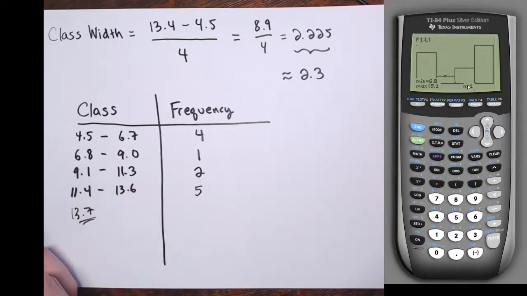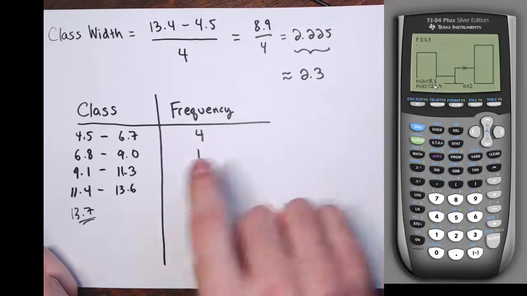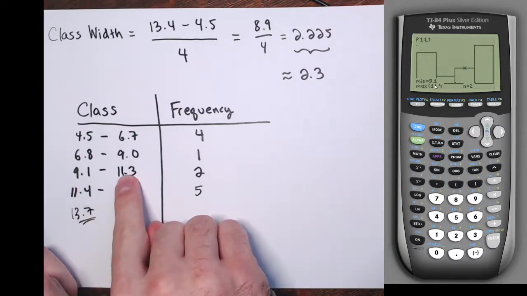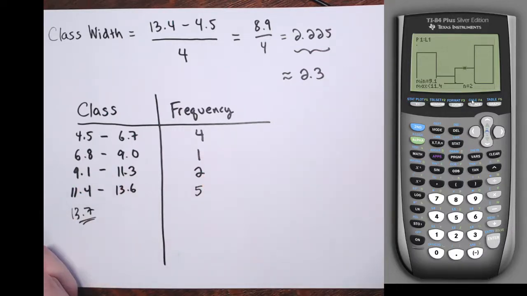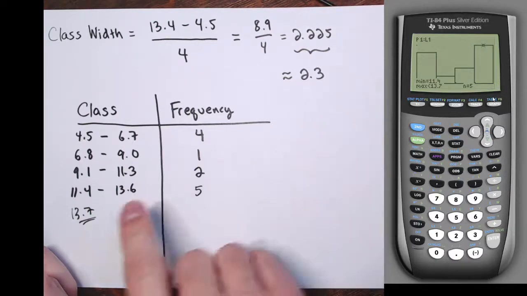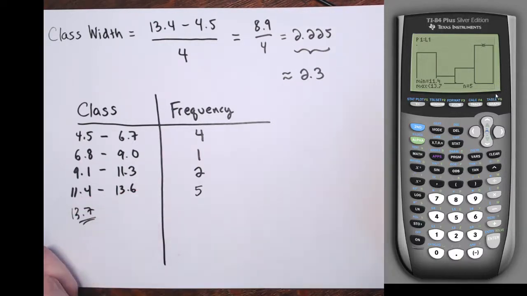There's only 1 of those. Then move over. From 9.1 to less than 11.4, that's 9.1 to 11.3. There's 2 of them. And the last one, from 11.4 to less than 13.7, that's 11.4 to 13.6. You get 5.